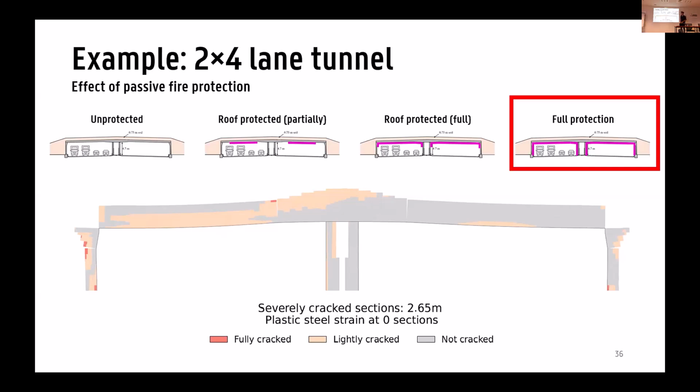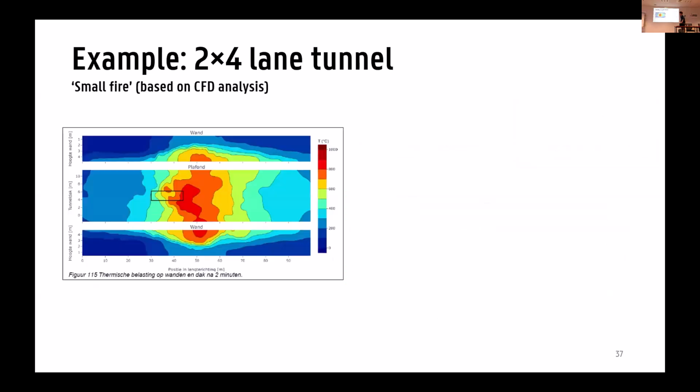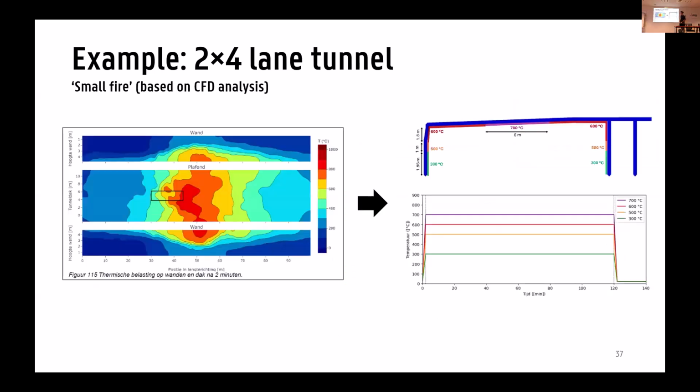Now, the case I presented up until now is for a 2-hour RWS fire, which is a very severe fire. The client also asked us to look at what would happen in case of a smaller fire, because not every fire is as severe as a 2-hour RWS fire. So for that, we also did an analysis of a smaller fire. We got some CFD results, and we translated them in a very simplistic way to a set of time-temperature curves.